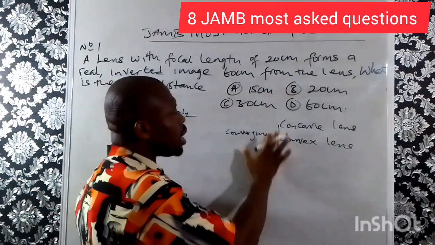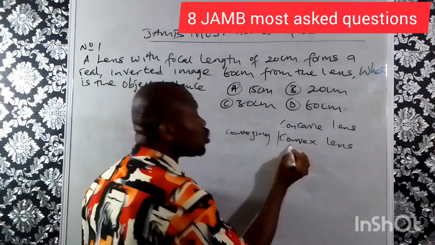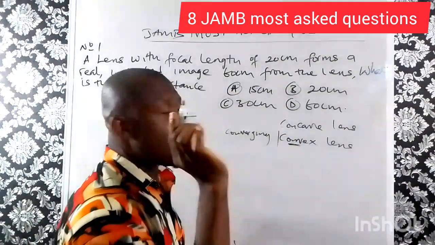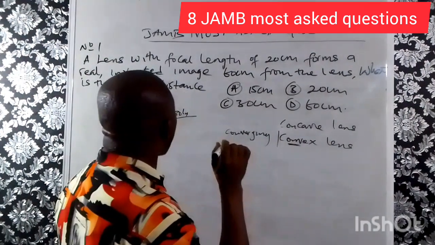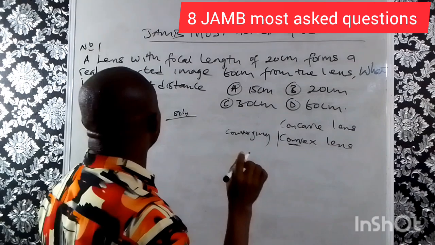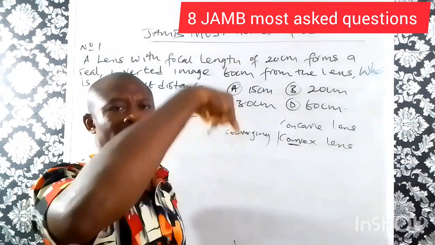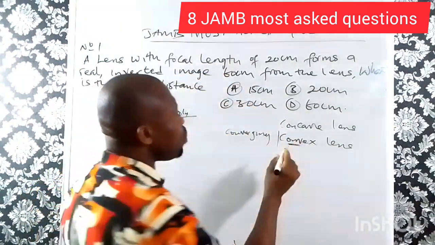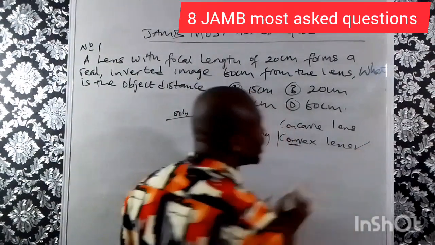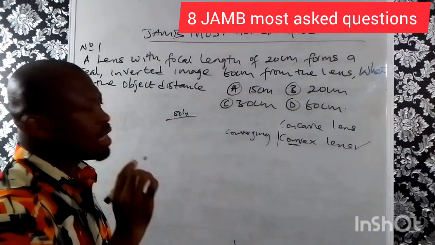Now, one of the properties is that this one forms real images, and it also forms an inverted image. So because of this, that lens is a convex lens.